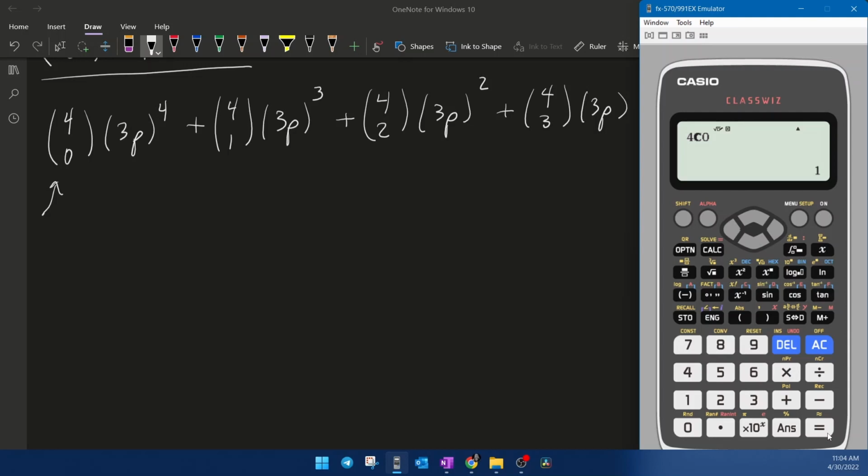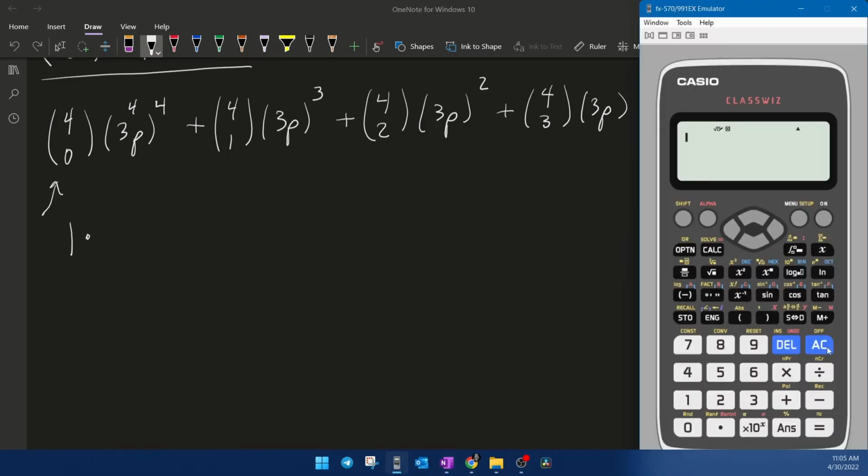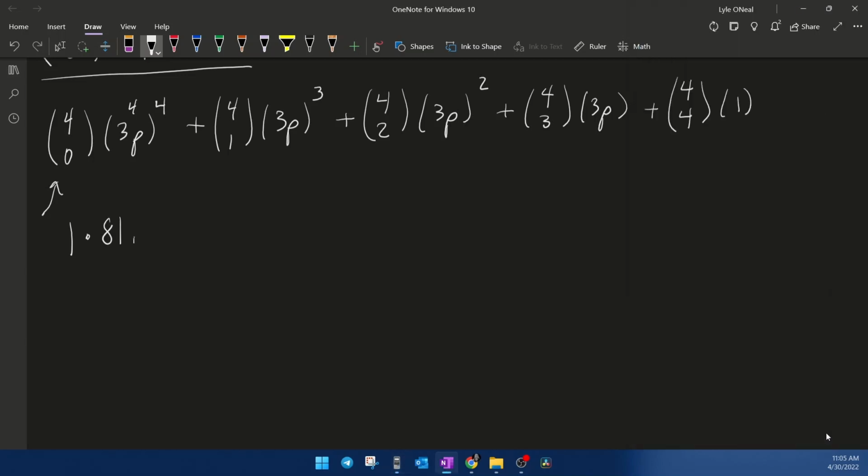And so that's going to calculate to be 1, multiplied by 3p to the 4th. Well, if I distribute, that would be 3 to the 4th, p to the 4th, and 3 to the 4th, I believe that is 81, p to the 4th, which will simplify to 81p to the 4th.